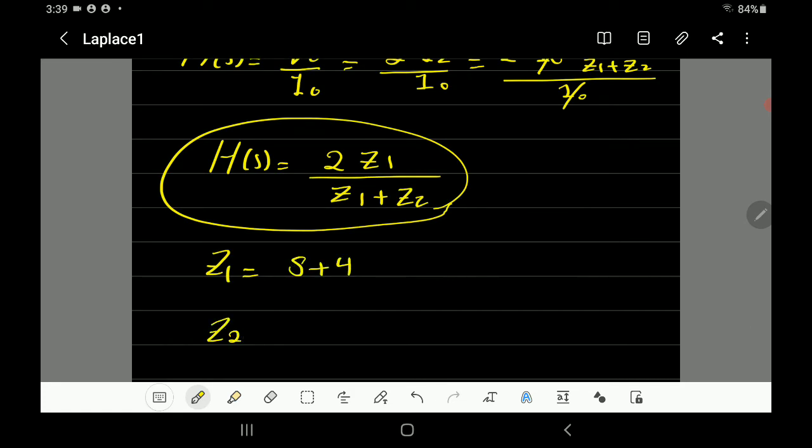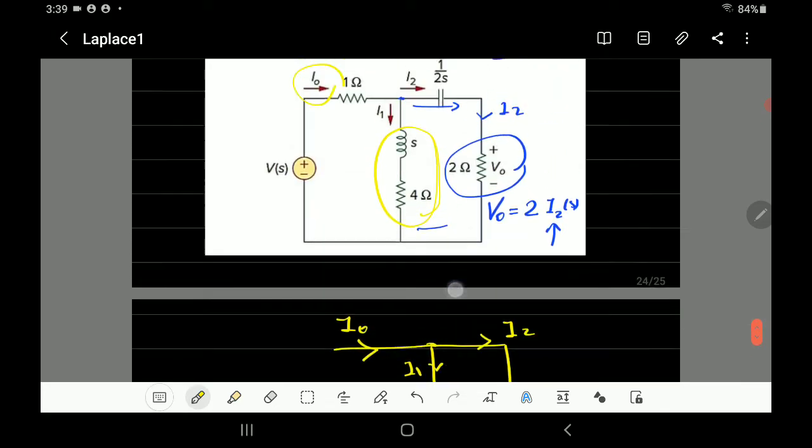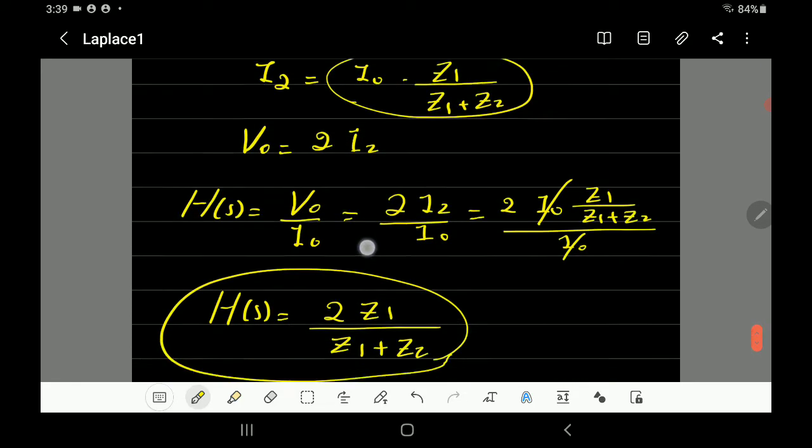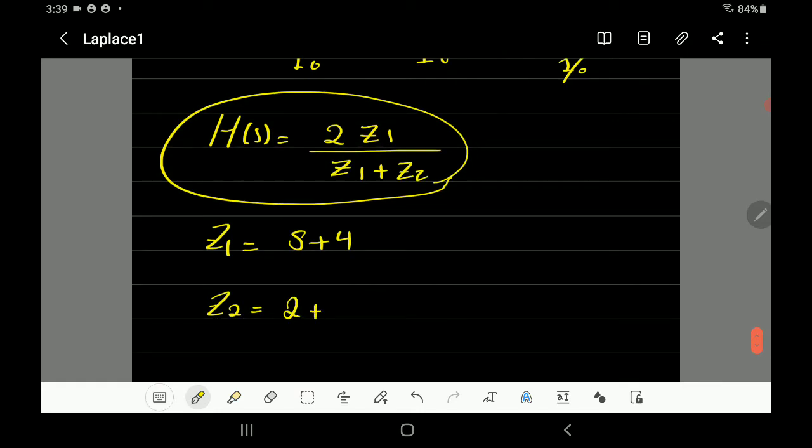And Z2 equals the capacitor in series with the resistance. We have 2 plus 1 over 2s. Let's simplify this one. We have 2s here, multiply 2 by 2s, that will be 4s plus 1.